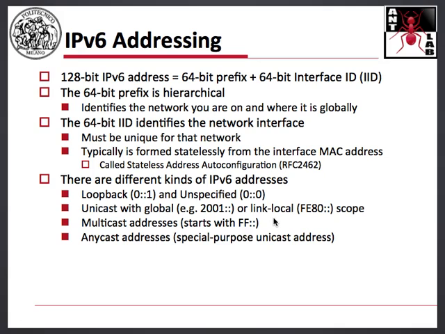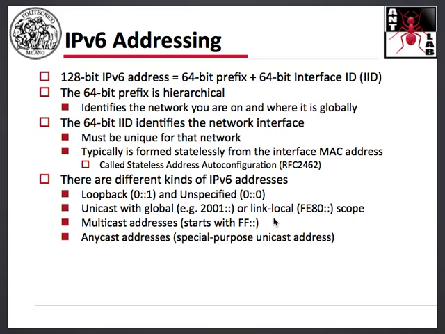So, takeaway messages. You have a prefix and a postfix, or interface ID, in IPv6 addresses. If you look at the prefix, your address can be in one of these classes: loopback, unicast with global or local scope, multicast, anycast, and so on. Unicast means addresses used to address nodes in a unicast way.